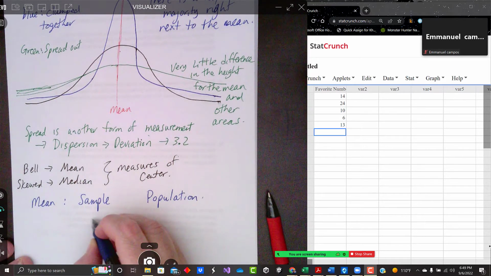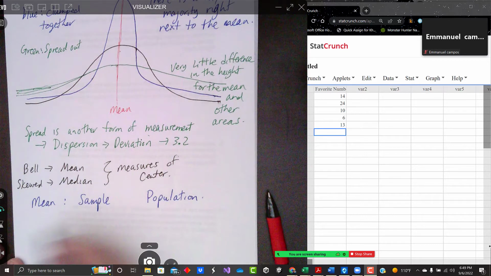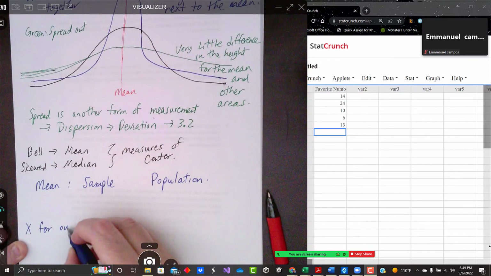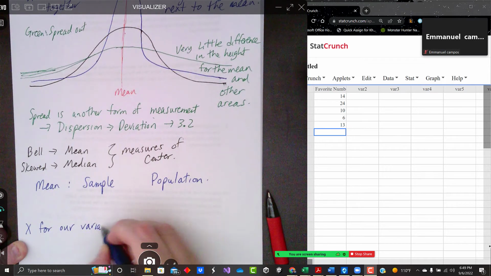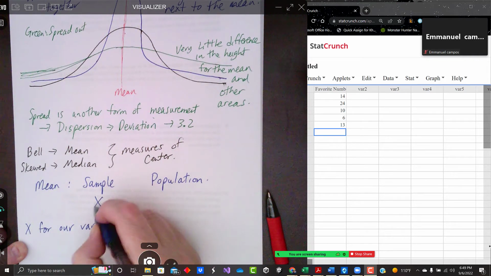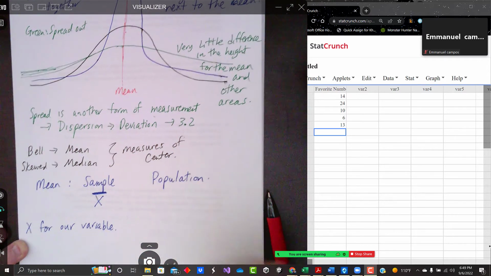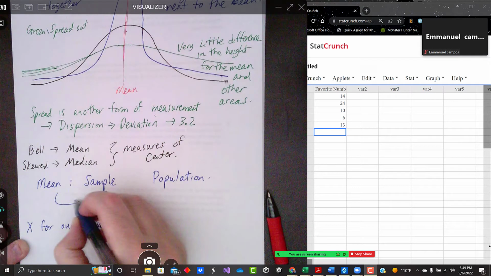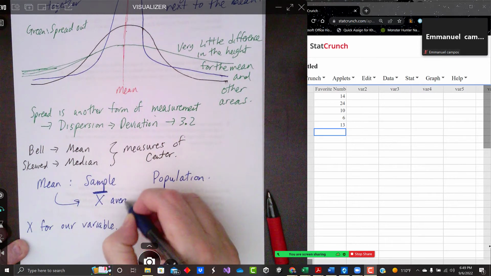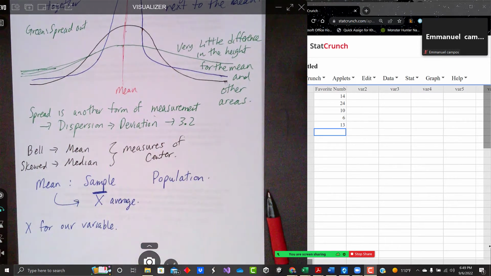For a sample, we like to use X for our variable, and you'll see it in a second. A flat bar above it represents the mean. This is our mean or average, with a bar above it.